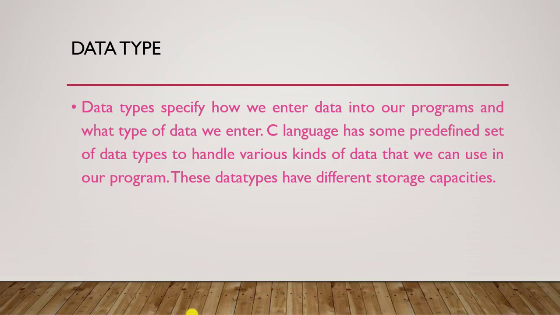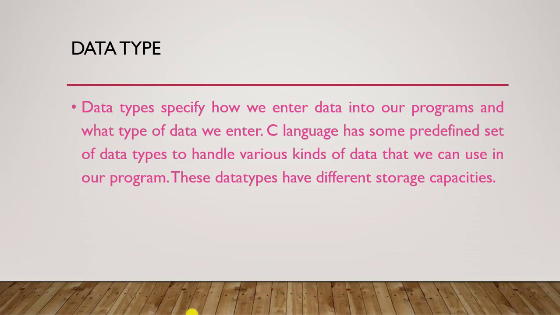That is what matters. So the C language has a predefined set of data types to handle various types of data that we can use in our program. Each type of data has different storage capacities. So what is storage capacity?